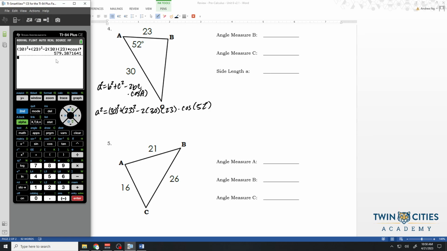Okay, so this is 579. A squared is equal to 579.387.